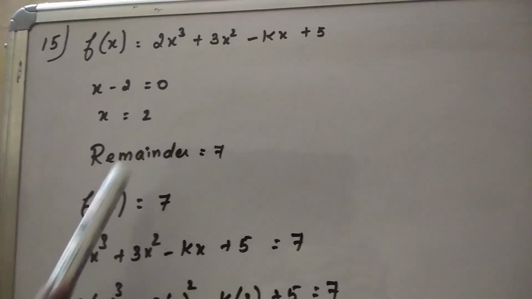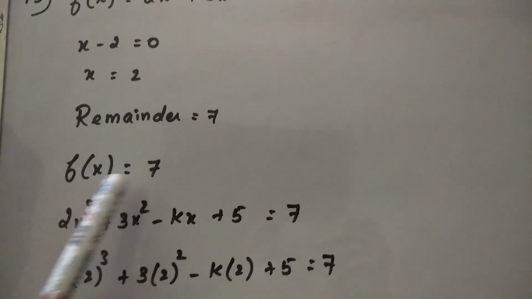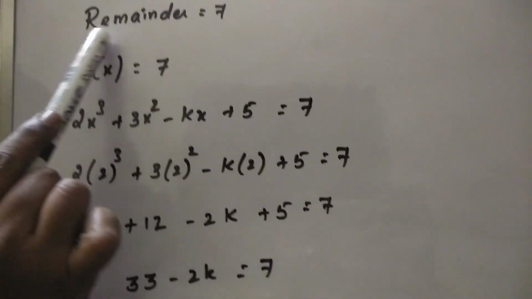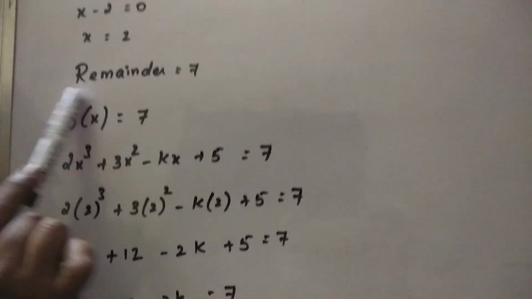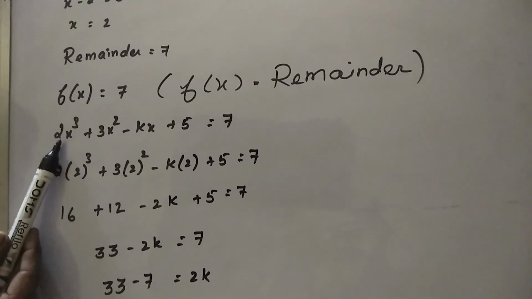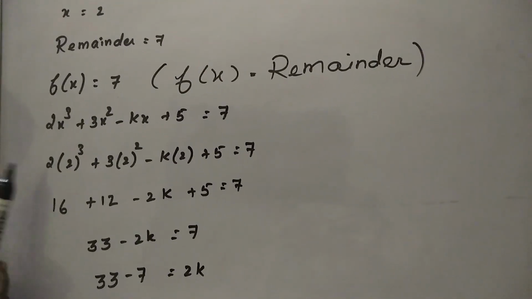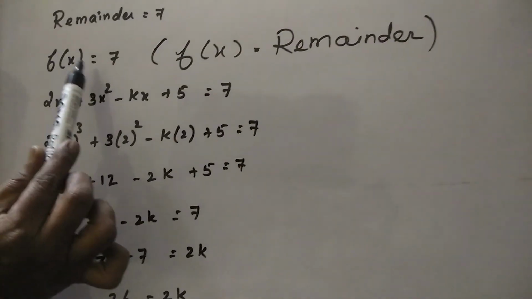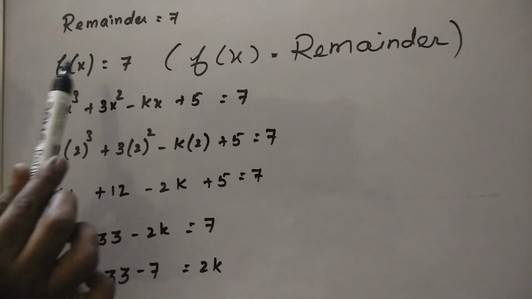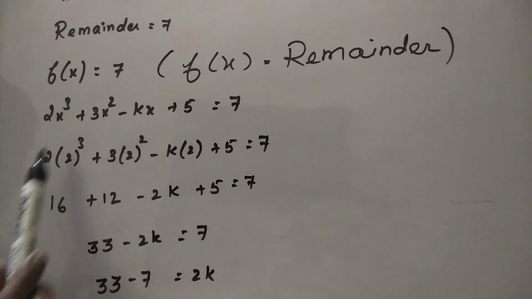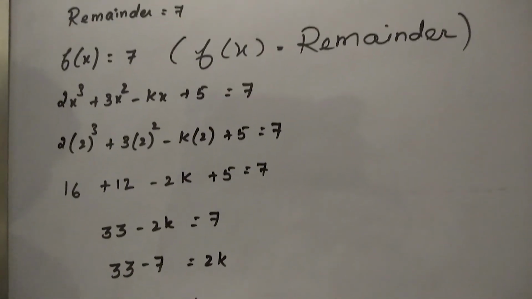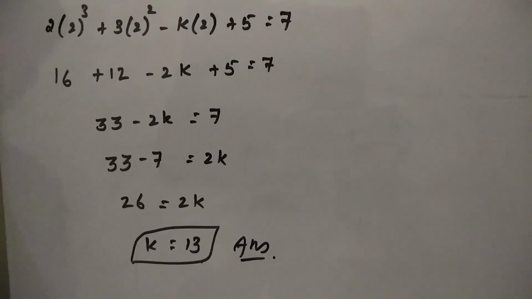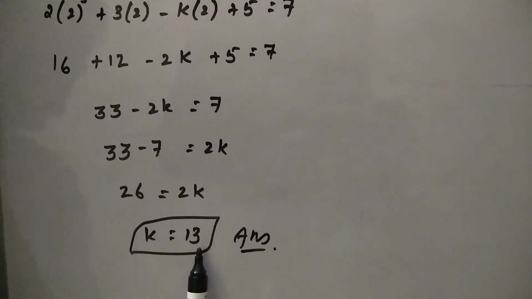Then f of x is equal to 7, since the remainder is 7. Now in the place of x, put 2 and do the calculation. You will get k is equal to 13. What is the value of k? k is equal to 13.